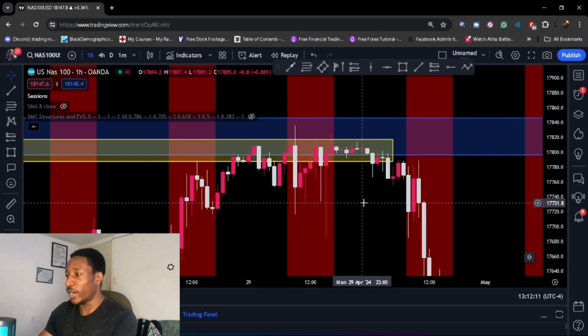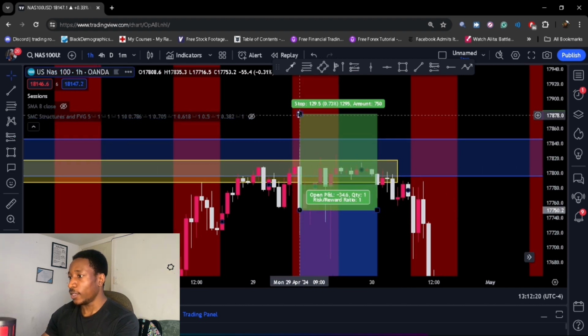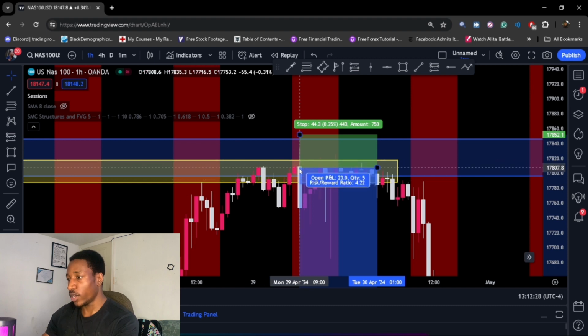So in this case here, price did retrace like 80% of the time before selling. So in all honesty, guys, your first entry would have been here, and then stop loss above this daily significant support and resistance, and then your second entry would have been anywhere around this area here, right?